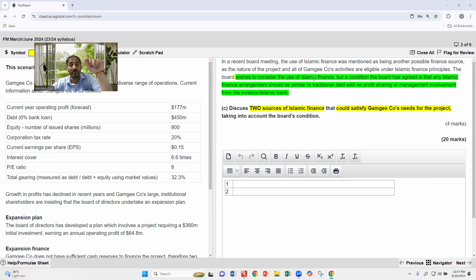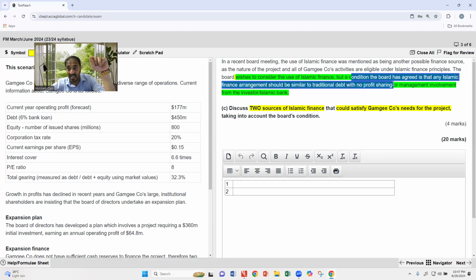They wanted to move to Islamic finance, but the board has agreed that the Islamic finance arrangement should be similar to trade debts, with no profit sharing, just like interest, and no management involvement, that is, no involvement of the investor or Islamic bank. So you need to develop your answer with two sources of finance having the same characteristics.